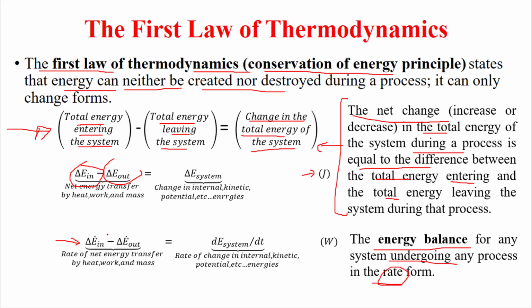Rate form means uppercase letters with a dot, so the unit is joule per second or watt. This term means the amount of energy stored in the system per unit time, the rate of change in the internal, kinetic, potential, etc. energies per unit time.